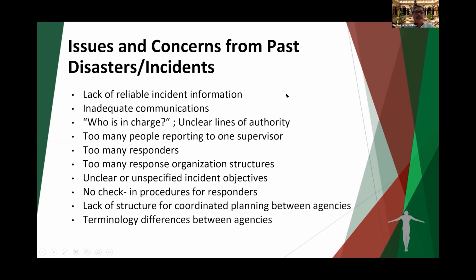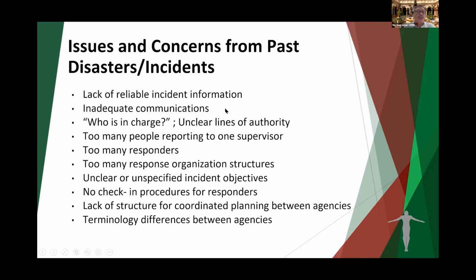There's lack of reliable incident information. Sometimes we rely nowadays on social media for information about the event. And in most cases, or in some cases rather, the information that we get from social media is what we refer to as fake news.